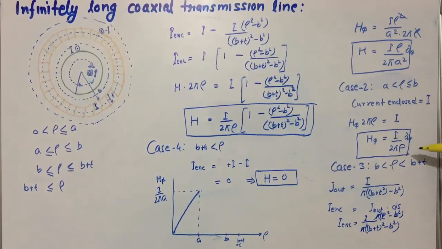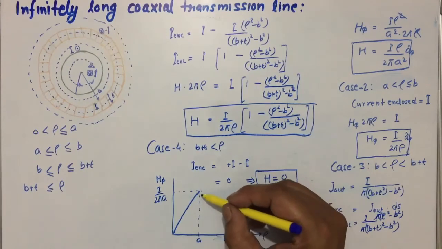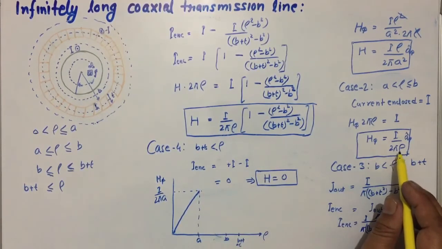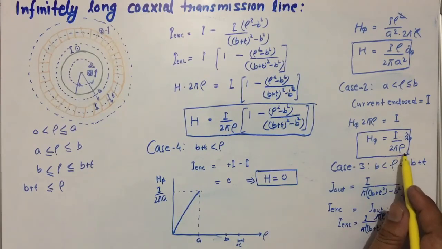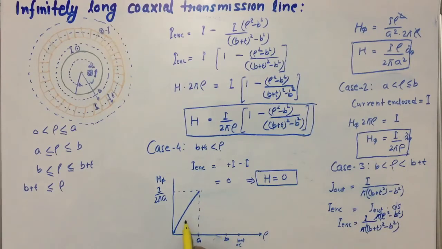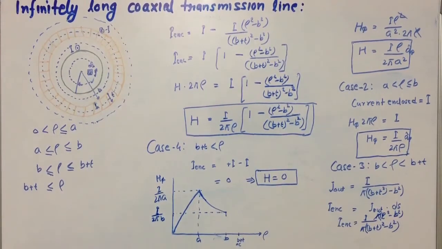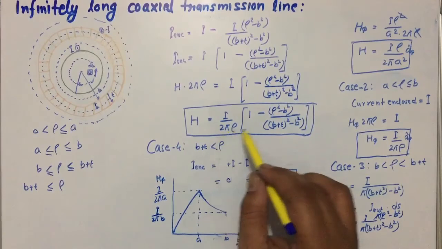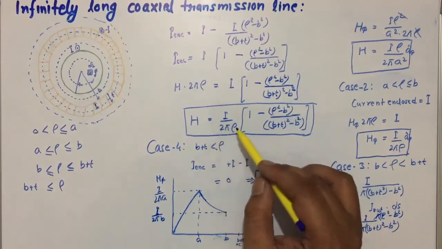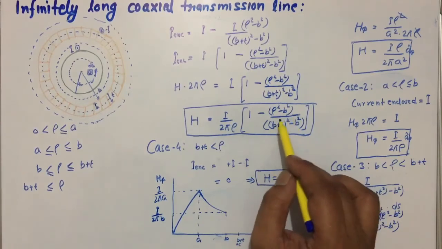In case 2, it is inversely proportional to rho, that is from A to B. From A to B it is inversely proportional, and at B it is I by 2 pi B. So if B is, for example, here, then at this point H will be I by 2 pi B. And in case 3, we find the intensity is inversely proportional to rho, and there is further reduction.